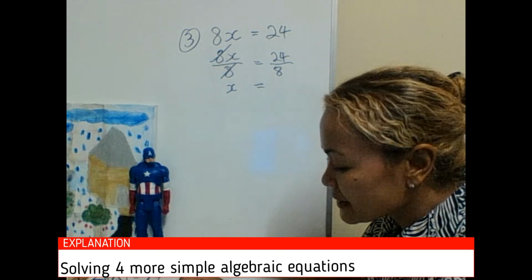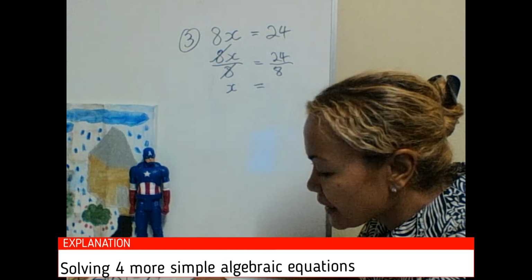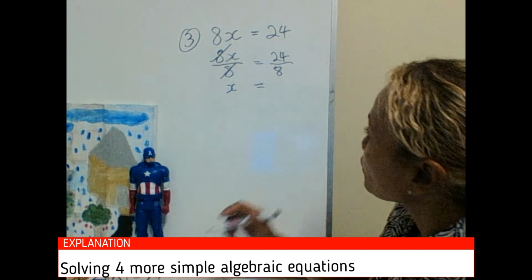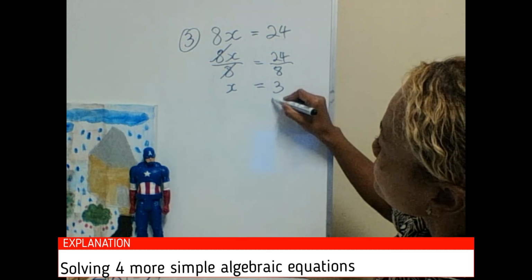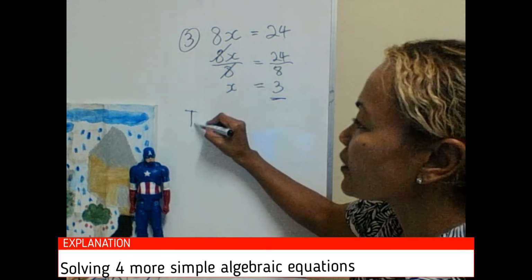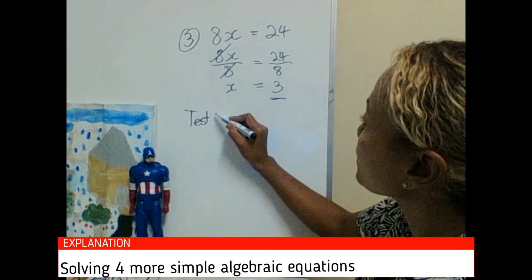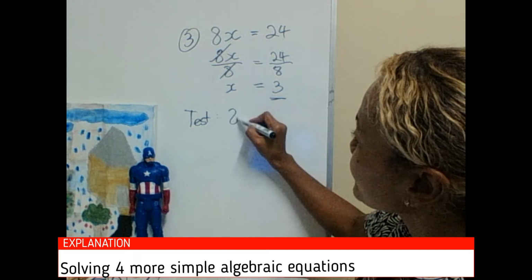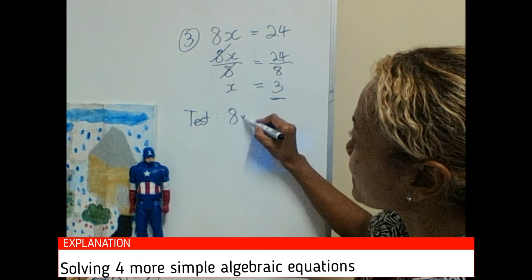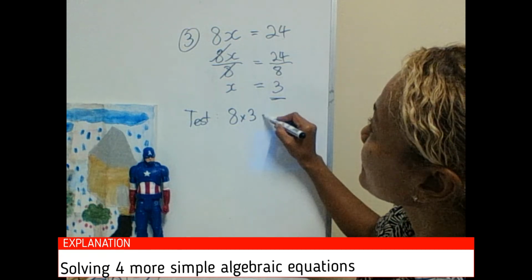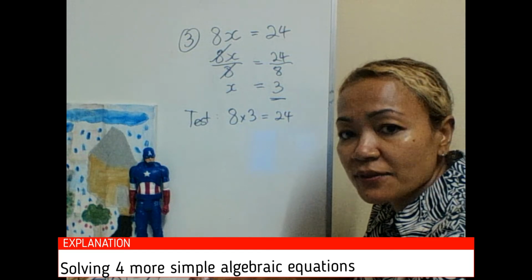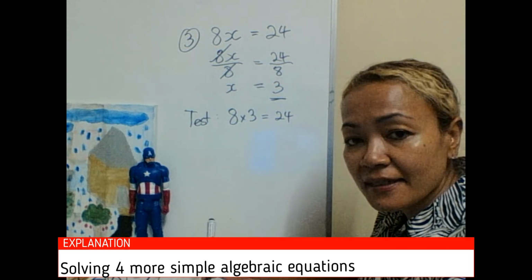So 8 times what is 24? 8 ones, 8, 8 twos, 16, 8 threes are 24. But we test. So 8, and we have x, so 8 times 3 is equal to 24. 8 times 3 equal to 24. Sounds correct?